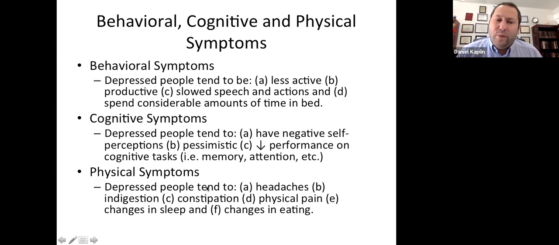From a behavioral point of view, we see less activity, less productivity. A person's speech will slow down. It'll take them longer to do activities. It will take them longer to get out of bed. Now, it's very important. What we're talking about here is you're awake, but it's a burden to even get out of bed, lifting the covers off your body and standing up, taking a shower.